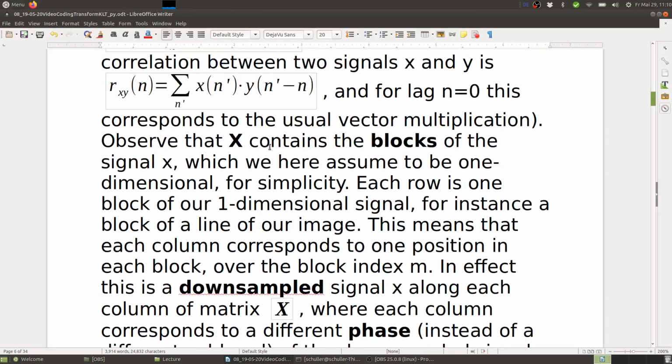So observe that X contains the blocks of the signal x, which here we assume to be one-dimensional for simplicity. Each row is one block of our one-dimensional signal, for instance, a block of a line of our image. So we take snippets of our rows of our image and put those snippets into this matrix X, one on top of each other.